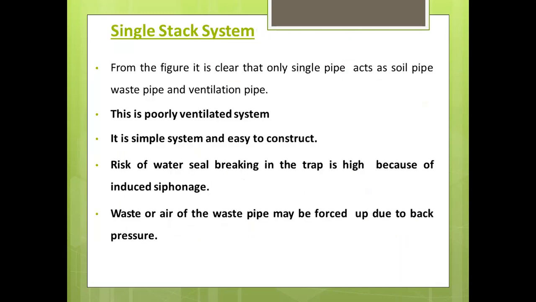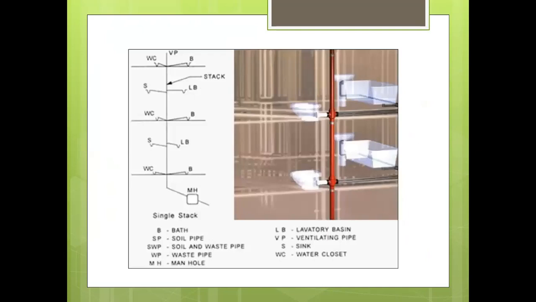Talking about the first system, which is a single stack system. This is the simplest system in which the wastewater from the bathrooms, kitchens, sinks, etc., as well as the fecal matter from the WC and urinals are discharged in one single pipe.